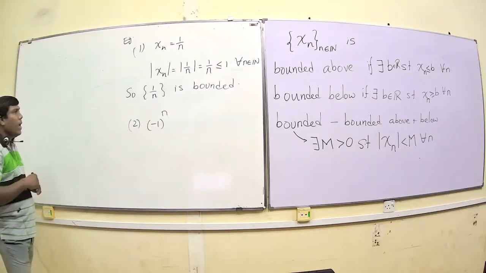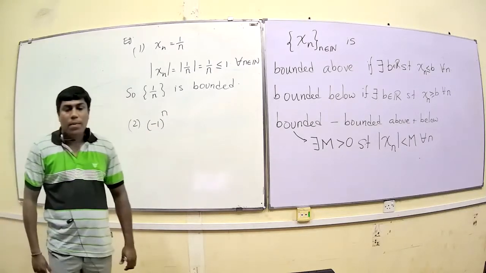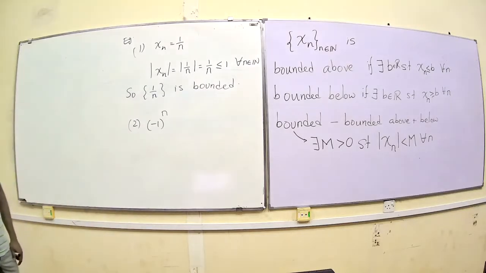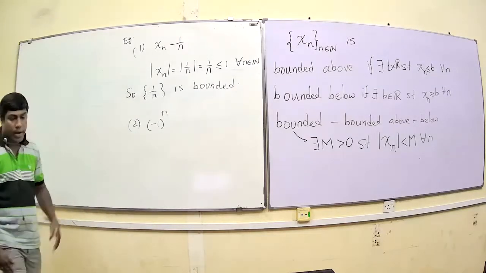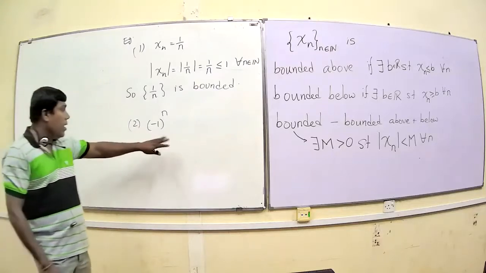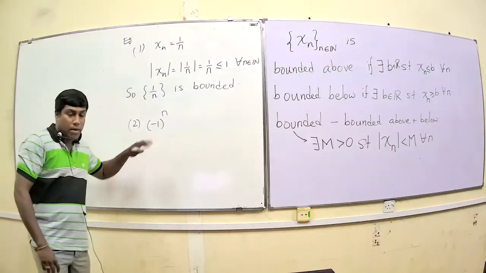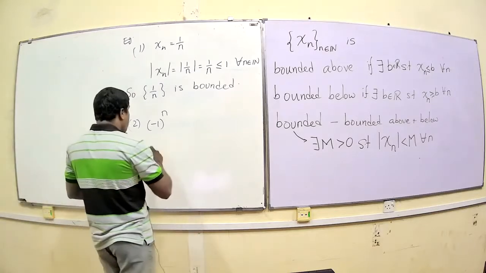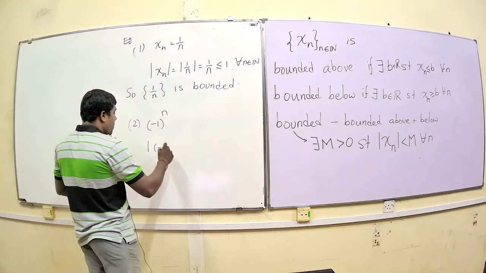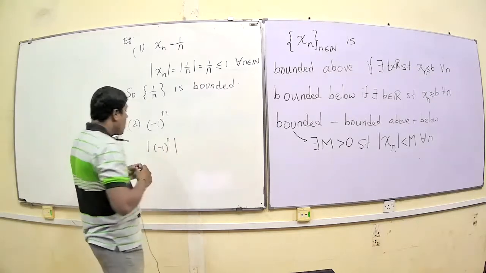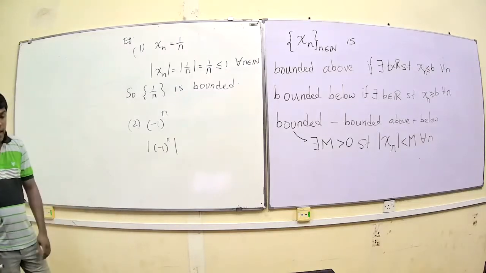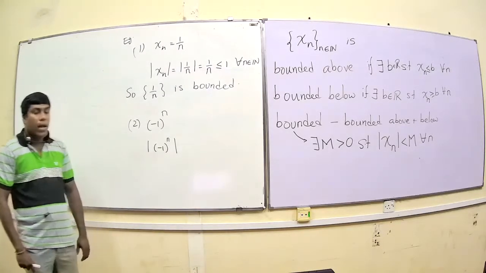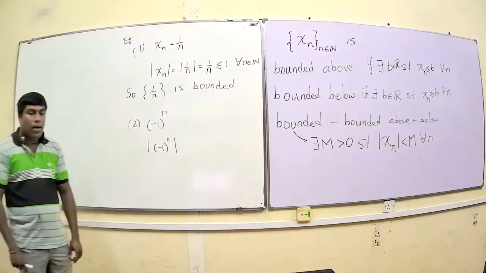Similarly, another example: minus 1 to the power n. This is again the sequence we saw, and we already showed that this sequence does not have a limit. But here, the absolute value of minus 1 to the power n: if n is odd, it is minus 1, and if n is even, it is plus 1.